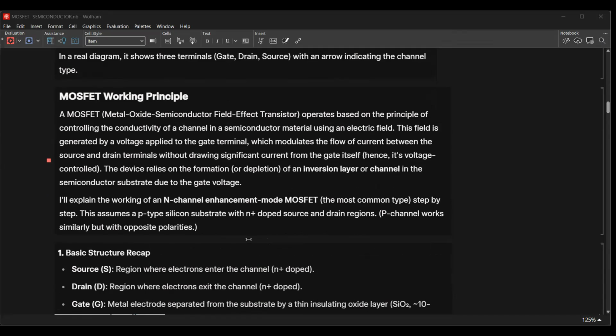So let's explain the working of the N-channel enhancement MOSFET, the most commonly used type. It has a P-type silicon substrate with N plus doped source and drain regions. The P channel works similarly but with opposite polarities.